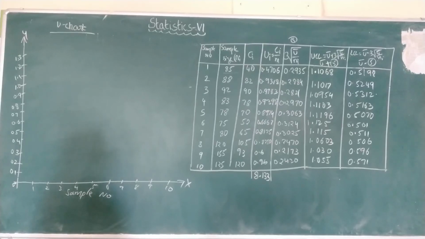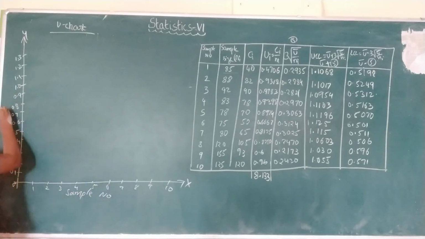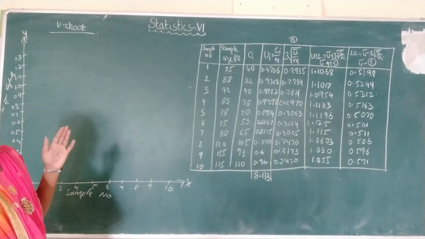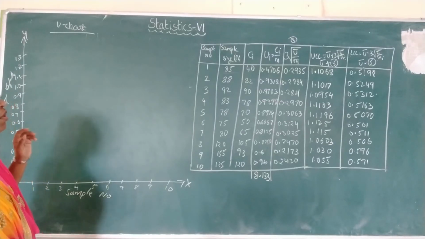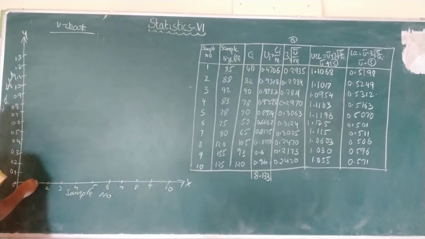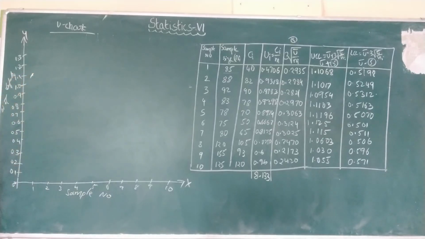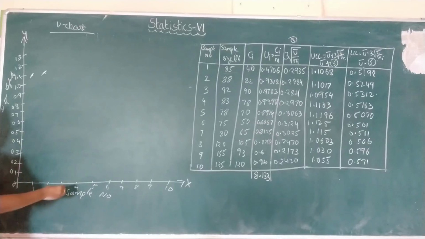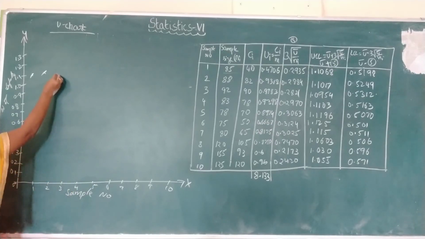Now plot the different UCL values. So here on the sample numbers I will be plotting the number of defects, such as Ui's values. So first plot all the UCL values. What is the UCL first value? 1.10. Next one is also 1.10 only. For third value it is 1.09, so it is a little bit low to this.